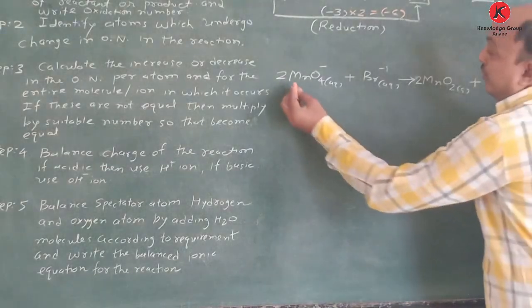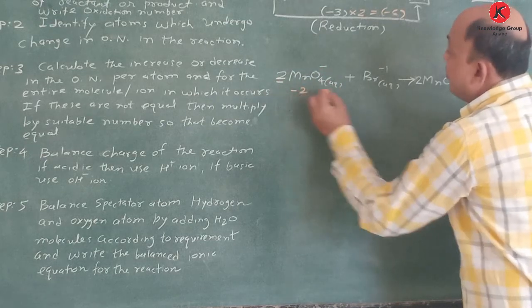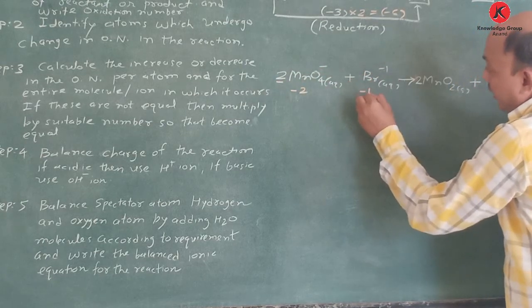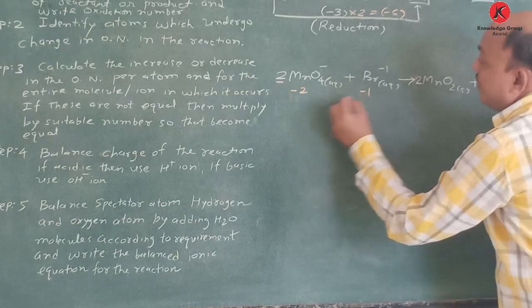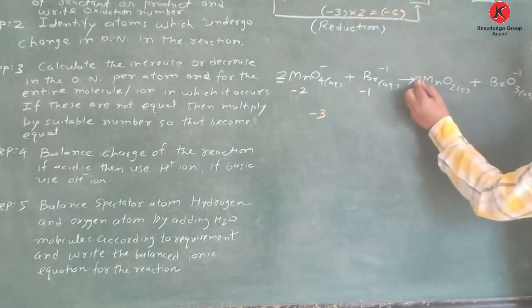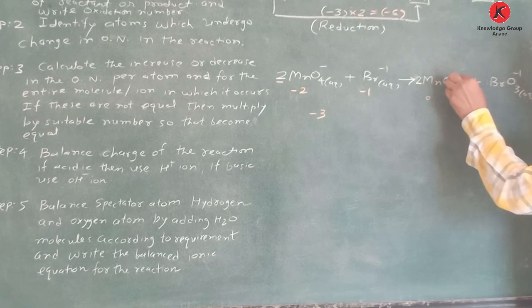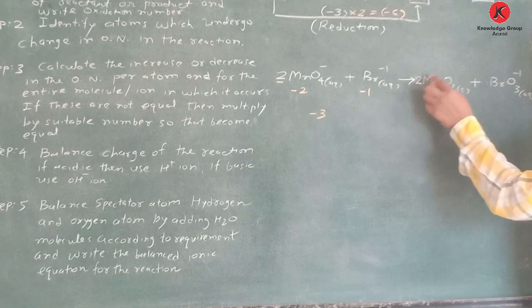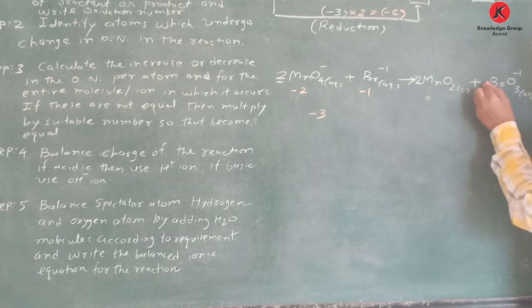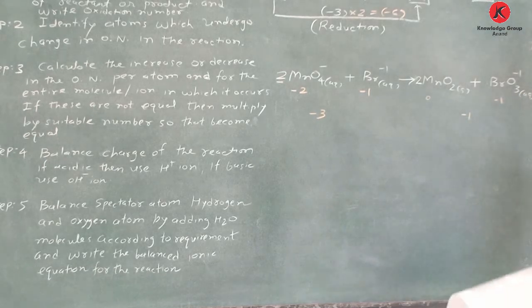Now we have to check the charge. So 2 into minus 1 is minus 2, 1 into minus 1 is minus 1, minus 2 minus 1 is minus 3. And here the charge is 2 into 0, so 0. If no charge is given, that means it's neutral, so 2 into 0 is 0, and 1 into minus 1 is minus 1. So the total charge is minus 1.